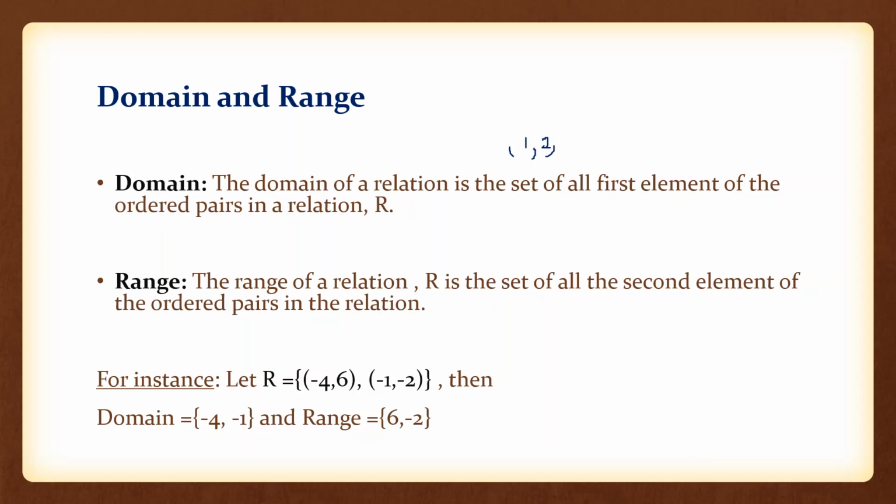If R is a relation such that (-4, 6) and (-1, -2) are ordered pairs, then -4 and -1, they are domains, while 6 and -2 are range. So we have understood very nicely now. Domain is a set of first elements of ordered pairs, while range is the set of second elements.